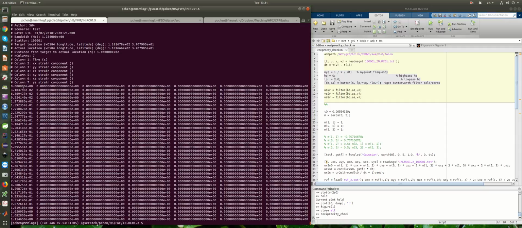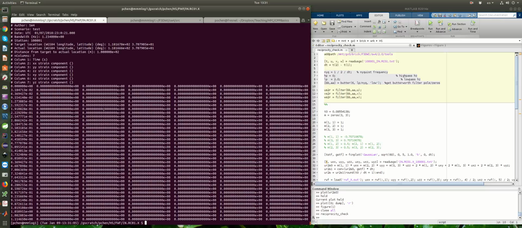The first column is still time, but the rest of the 6 columns are the strain components: XX, YY, ZZ, and then XY, XZ, and then YZ. That's the strain components. YX is going to be the same as XY, ZX is going to be the same as XZ, and ZY is going to be the same as YZ.